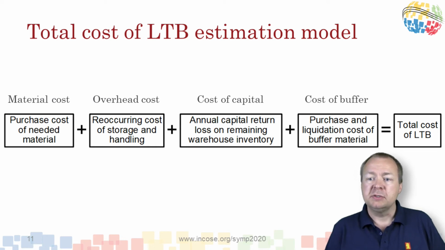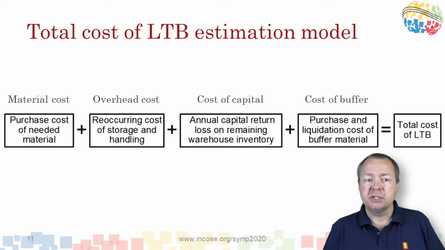Overhead cost is recurring cost of storage and handling, calculated as a percentage of remaining warehouse inventory value. Cost of capital is the financial loss of investing in a last time buy compared to an investment with a rate of return meeting shareholders' expectations.